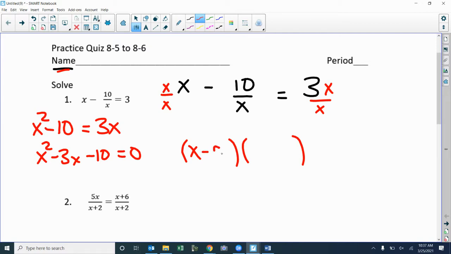So it's going to be (x minus 5)(x plus 2) equals 0. Solving, x is going to be positive 5 and x is going to be negative 2. You want to check those and make sure: does it cause the denominator to go to 0? No, it doesn't. Okay? Everybody good there?